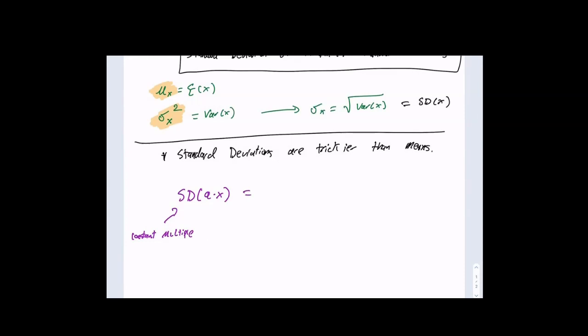All right. So we say that the standard deviation of a times x is equal to a times the standard deviation of x.